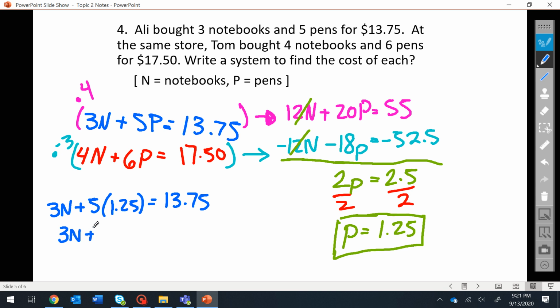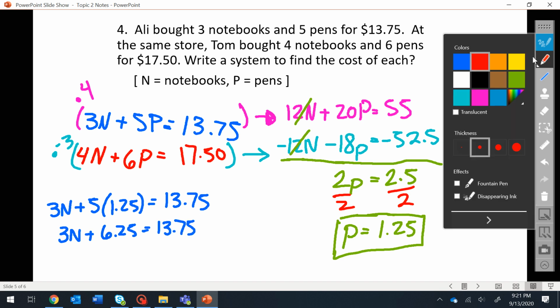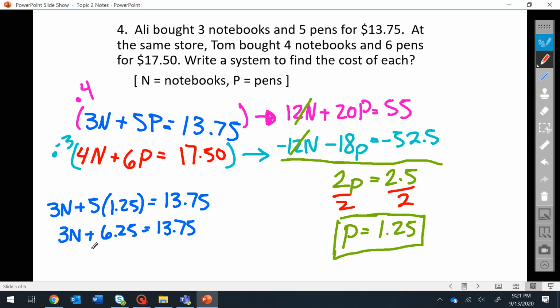So 5 times 1.25 is 6.25. So 3n plus 6.25 equals 13.75. And this is a two-step equation. I'm going to subtract 6.25 and then divide by 3. So minus 6.25.